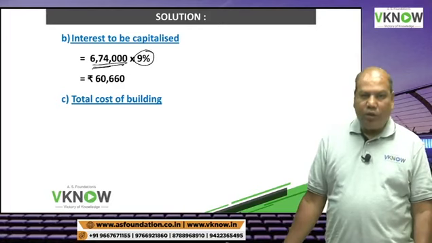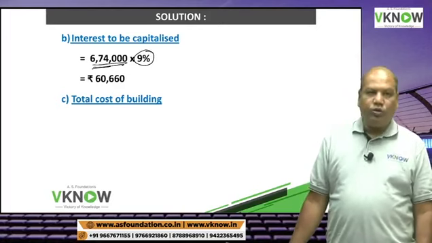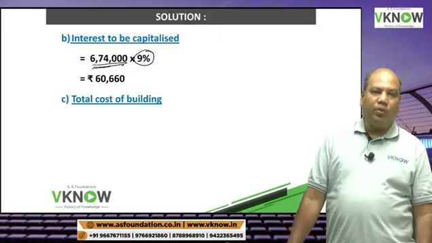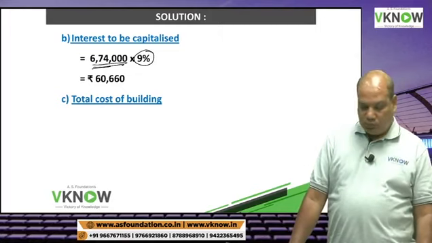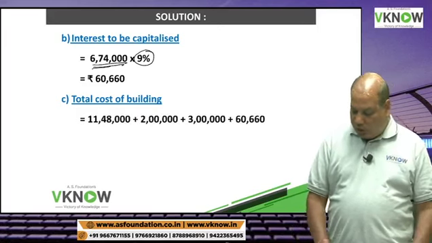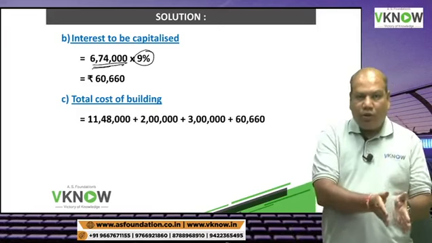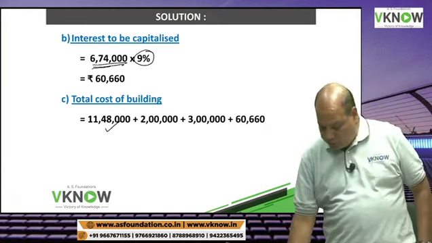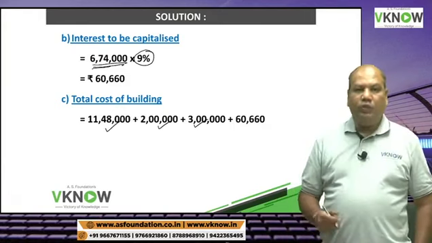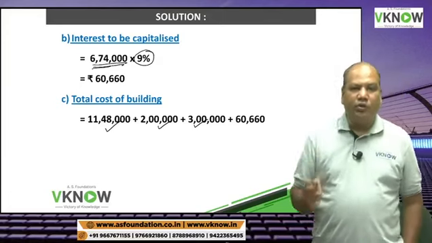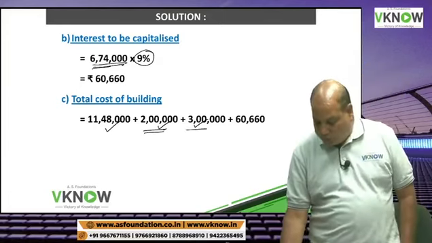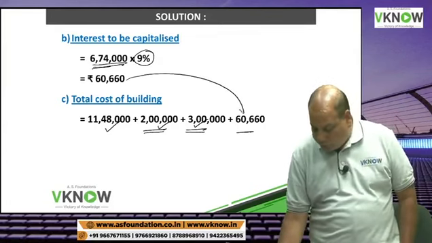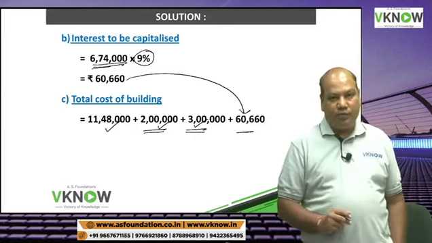Now write total cost of building. Total cost of building will become, last year closing was 11,48,000. This year we have incurred expenditure on construction work 2 lakh rupees and 3 lakh rupees, plus this borrowing cost will also get capitalized.